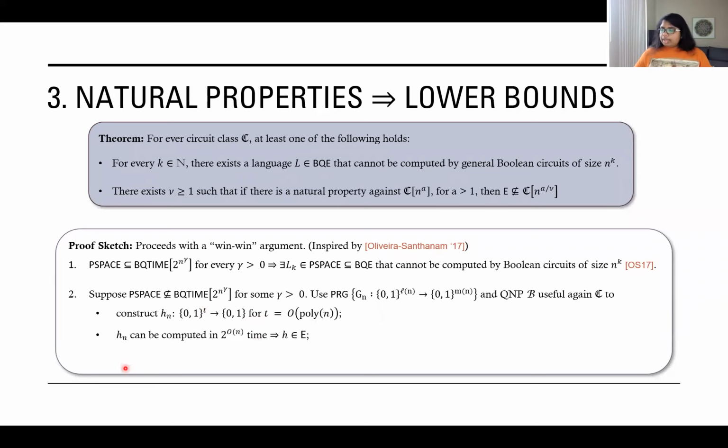I will show that this can be computed in deterministic exponential time. And finally, you'll show that if this PRG is actually secure, as per our assumption, it does not have circuits that fall in C, in the circuit class C and of size n to the k over nu. So that is the idea.